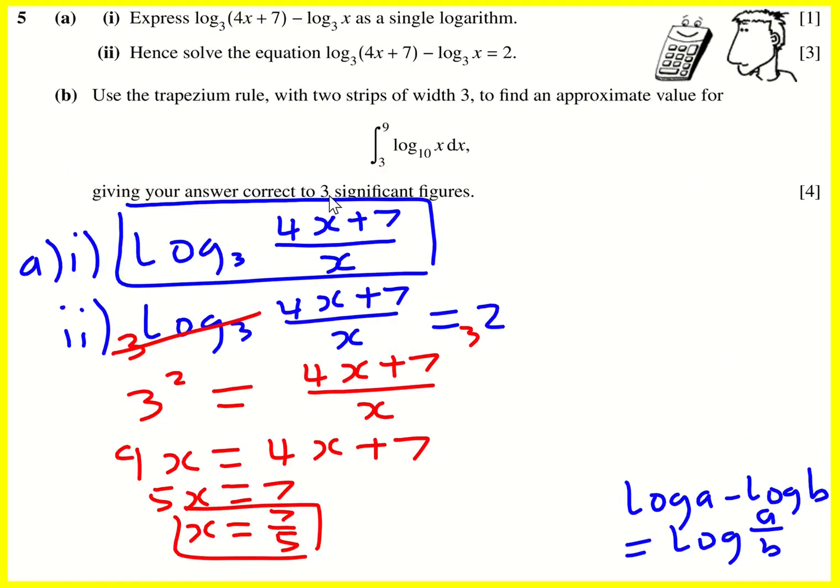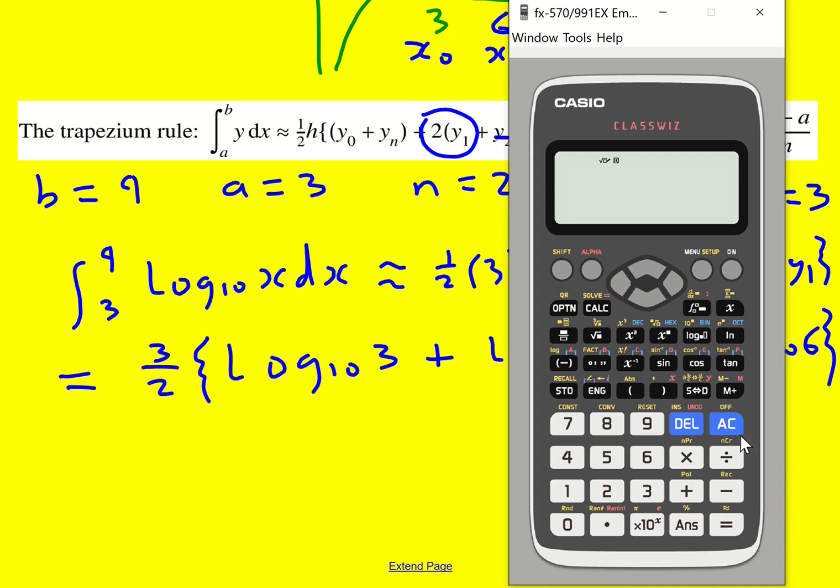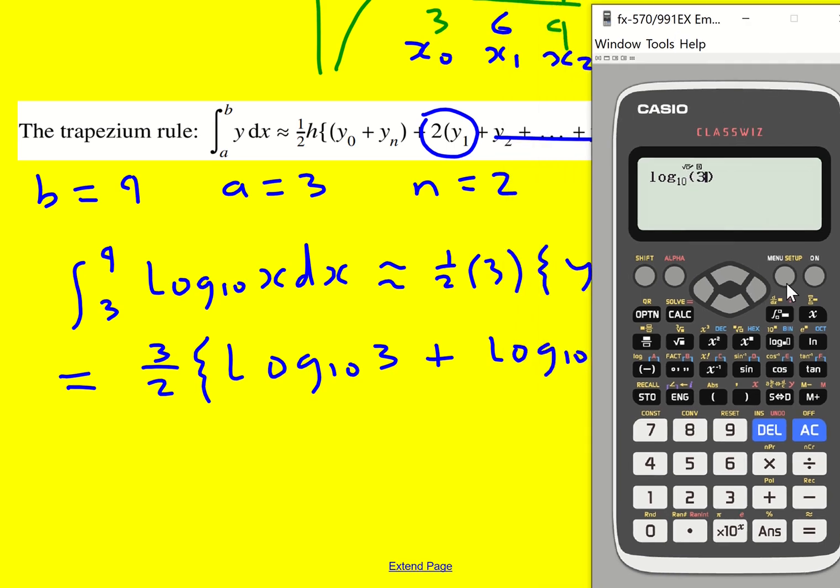Now, I'm asked to give my answer to 3 significant figures, so I think I could actually combine this into a single log, but let's not worry about that here. I'm just going to add these up. Just trying to remember if there's another log button. Okay, I can't see it right now, so let's just go with it.